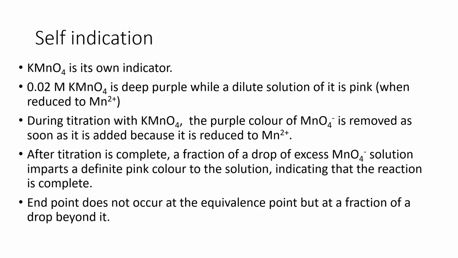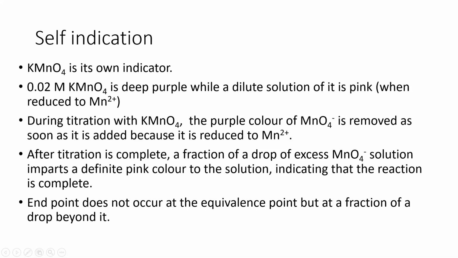And when the Mn7 gets reduced to Mn2+, the color changes to pink. So we don't need any external indicator to tell us that reduction is taking place. That's why we say it is a self-indicator.